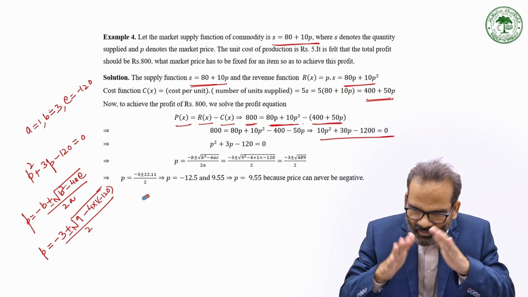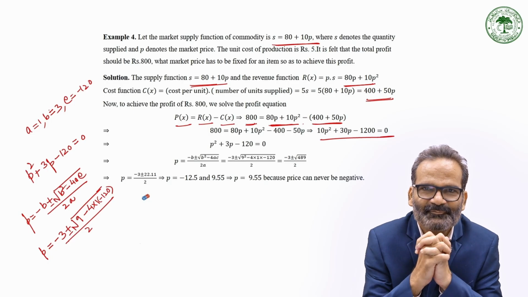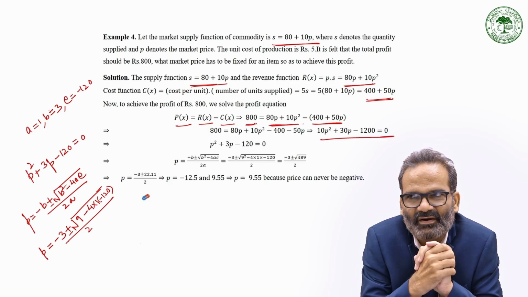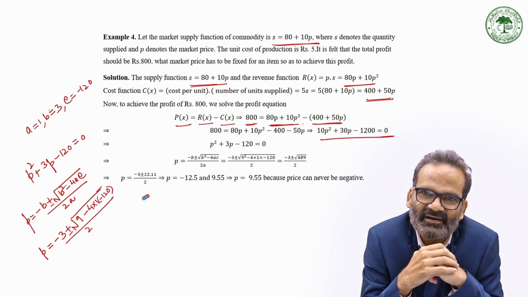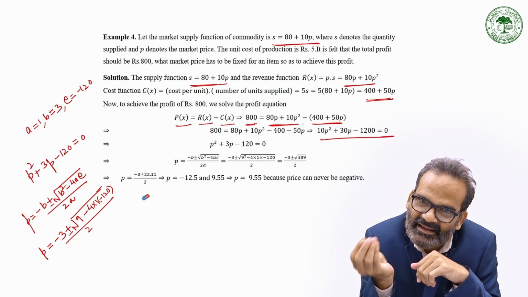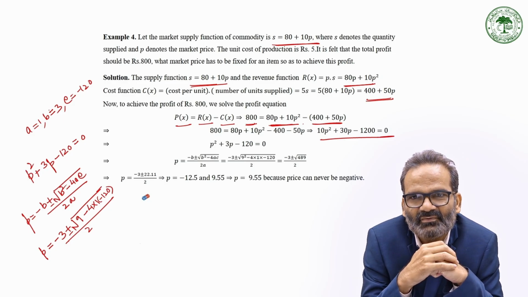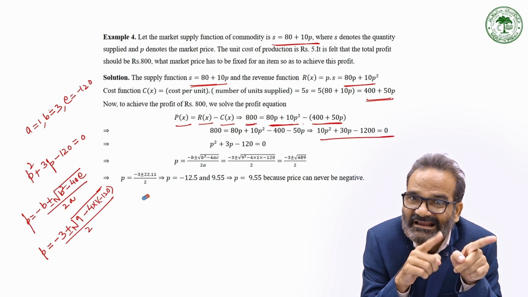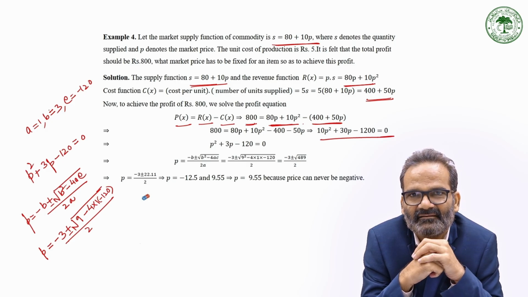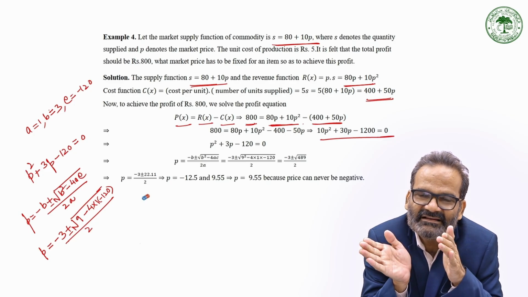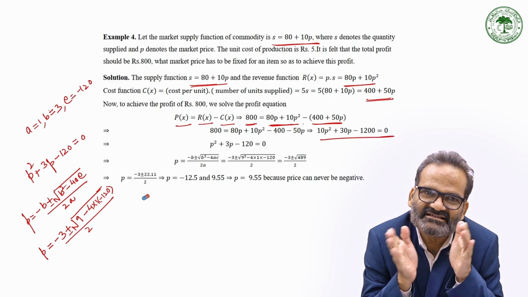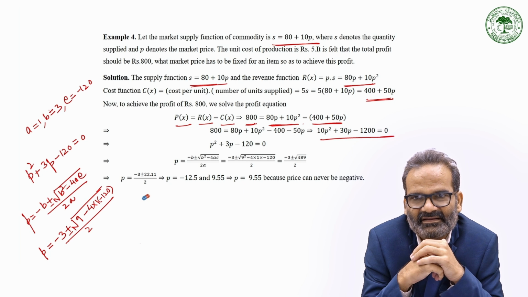Now, among all those stationary points, which points will give you the point of maxima and point of minima, that we can decide by putting any stationary value of the given equation into the second derivative. Are you getting the point? Put any stationary value in the second derivative of the given equation.